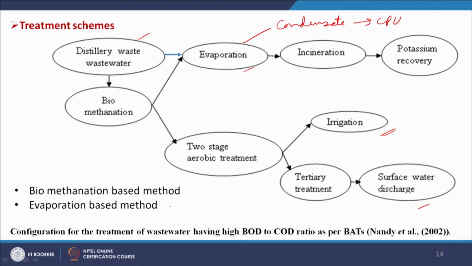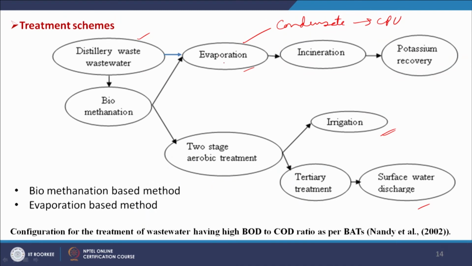There are two basic types of methods, and when we go for the biomethanation based method, composting is one important process that produces biofertilizer from the residual part of the biomethanation unit. It requires a very large area, and in the rainy season there is also a good chance of water runoff and contamination of the river water.